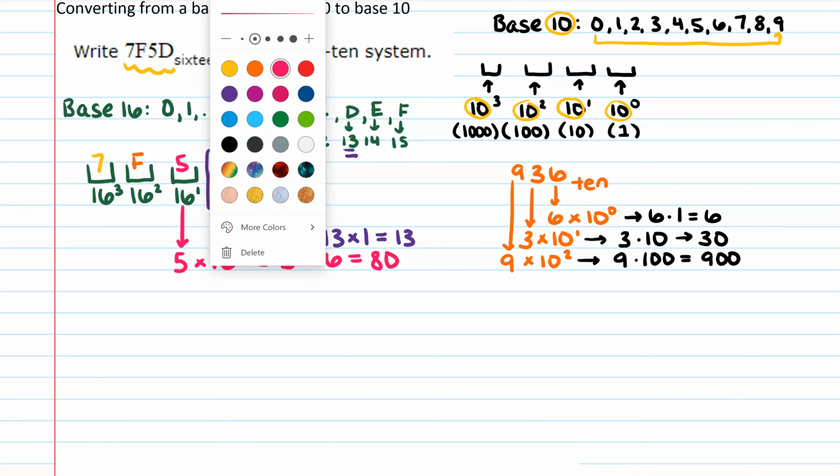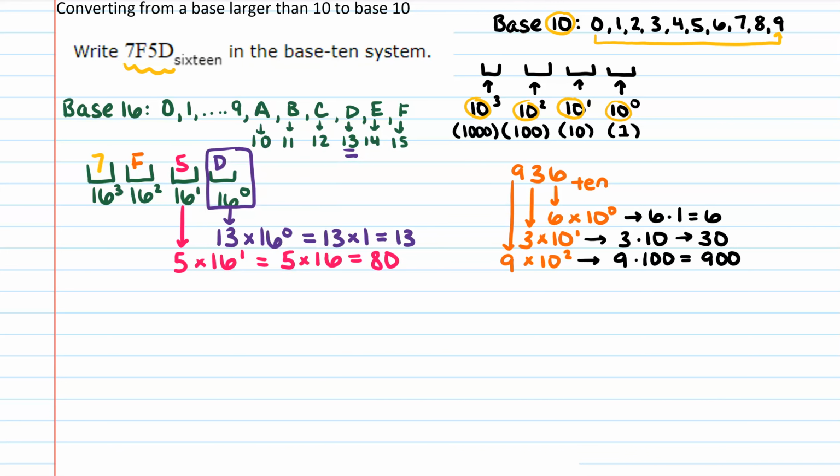Okay, so let's go 1 digit to the left. F represented 15, so I have 15 times 16 squared.